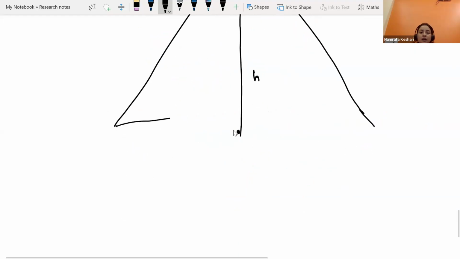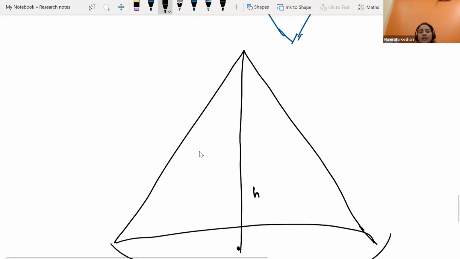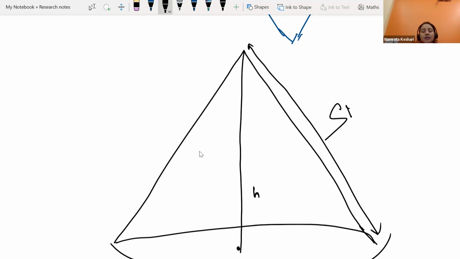And one more height we have over here, and we will be calling it the slant height. Why are we going to call it slant height? It's because it is slant. The length is there, but that length is slant. That's why we call it slant height. We will be representing it with l, for length.